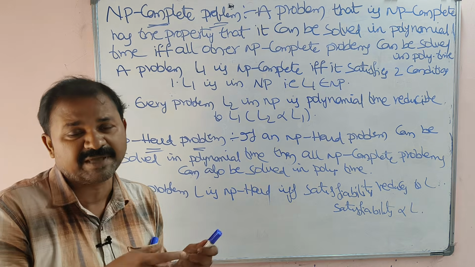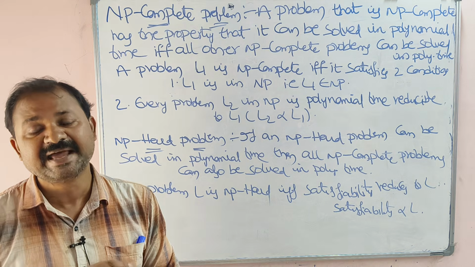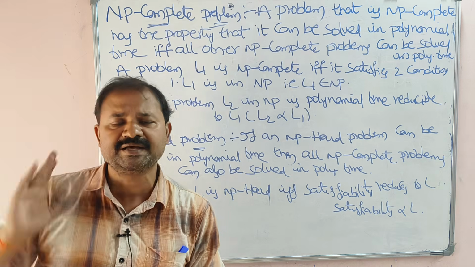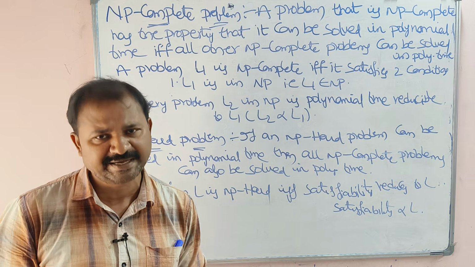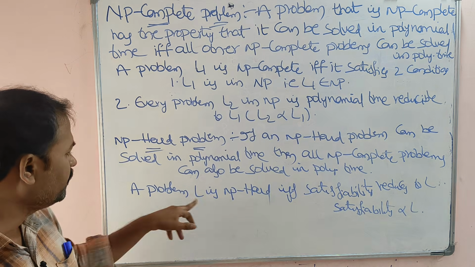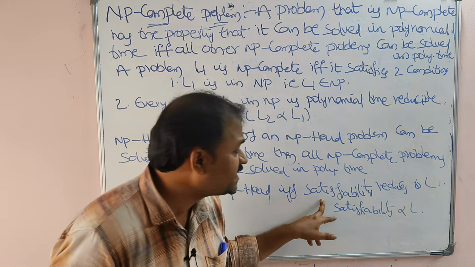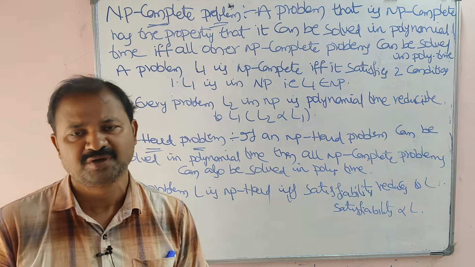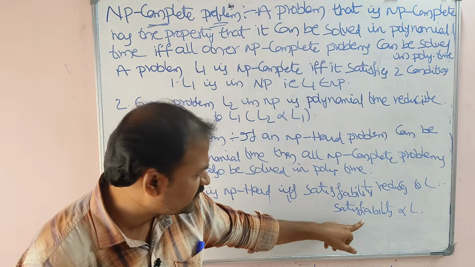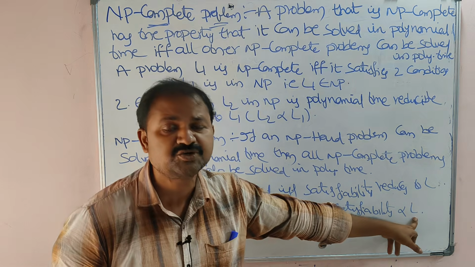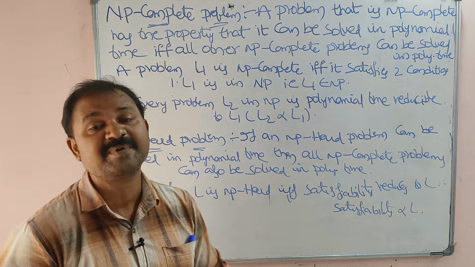A problem L is NP hard if and only if satisfiability reduces to L. Already we have seen what is satisfiability in the previous one. So if satisfiability reduces to L, the given problem, then we can say that it is an NP hard problem.